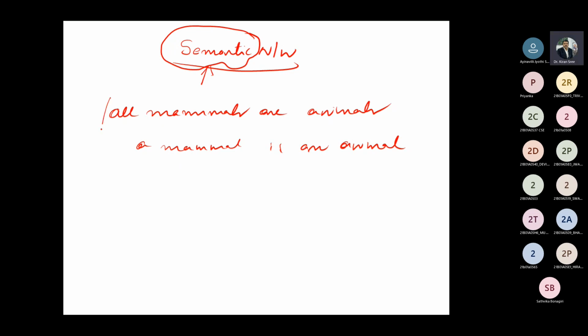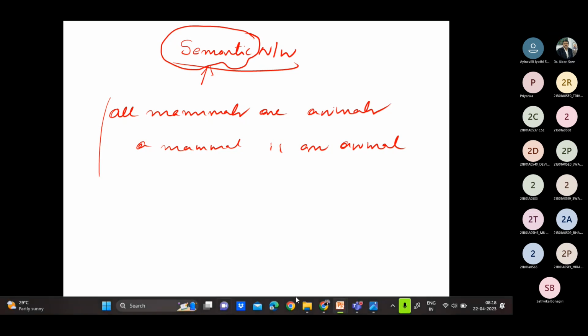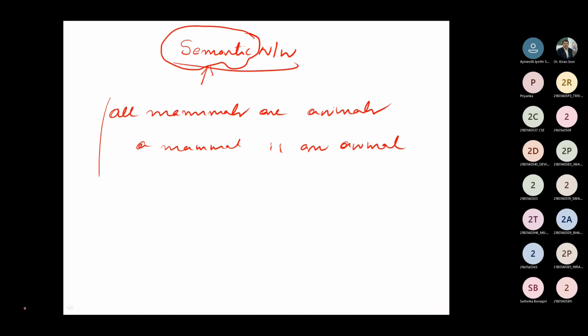Is there a difference between these two statements? A mammal is an animal. All mammals are animals. Is there any difference, or are both the same?